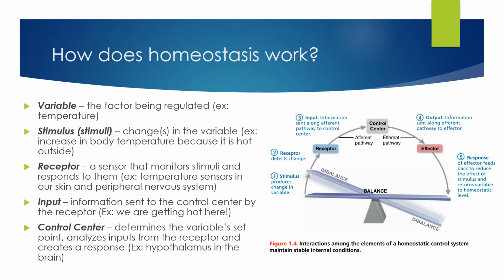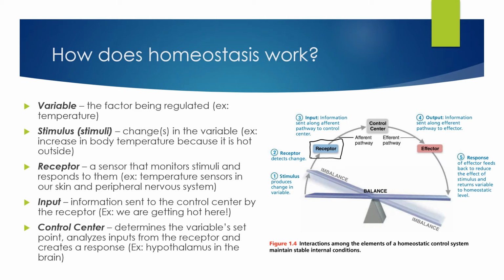Then some part of your body, a receptor, senses that stimulus. It senses that change. We have receptors in our skin and in our nervous system that sense temperature. And they monitor our internal temperature and they make sure that we're okay. We could also have receptors for pain. We have receptors for all these different things inside of our body.